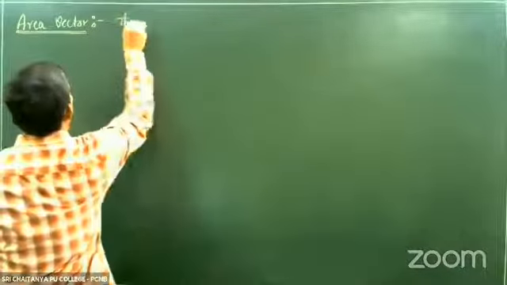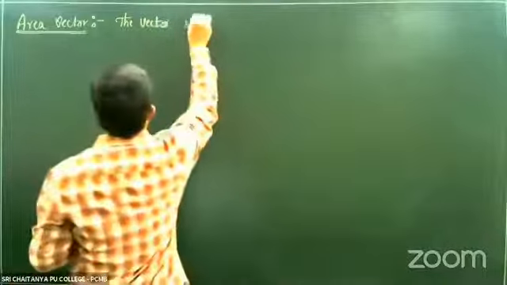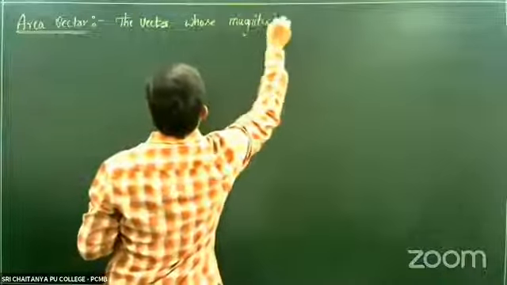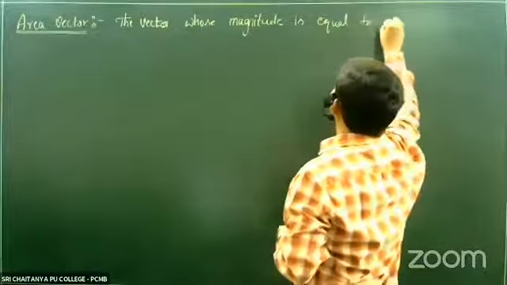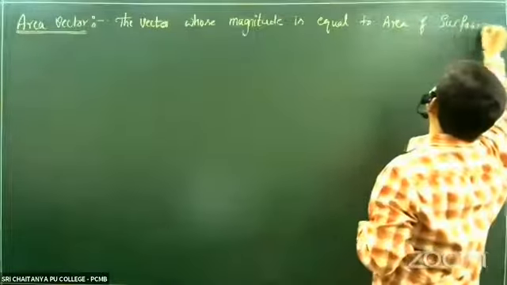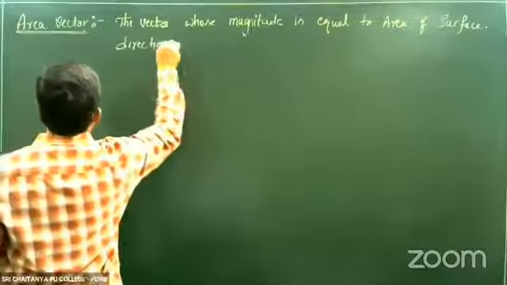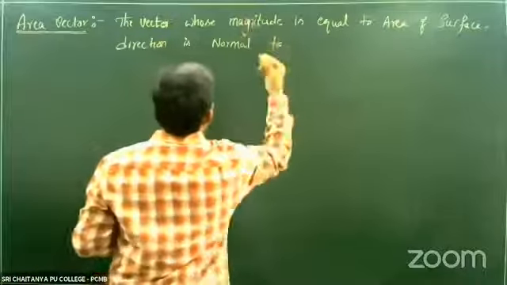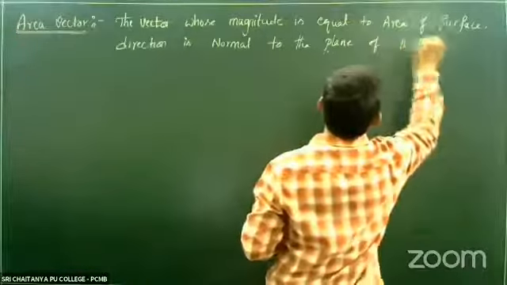The vector whose magnitude is equal to the area of the surface and direction is normal to the plane of the surface.